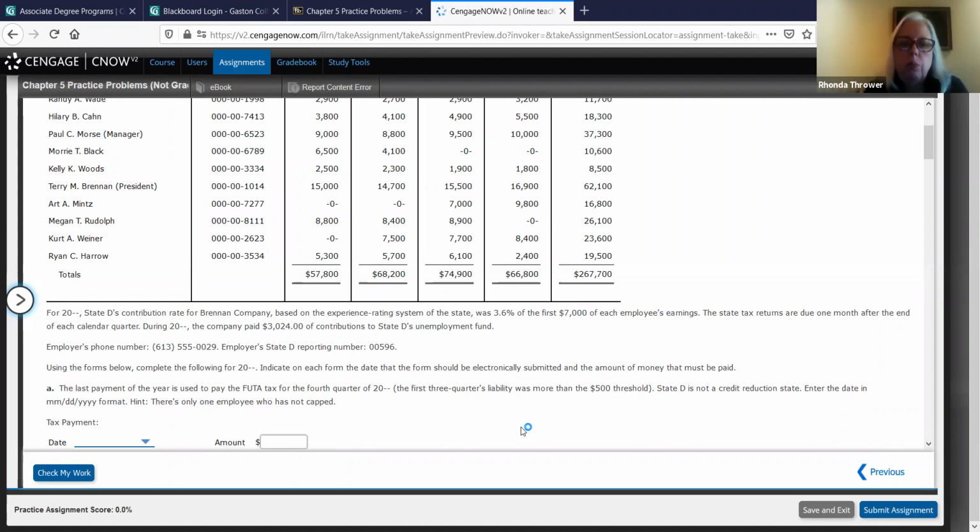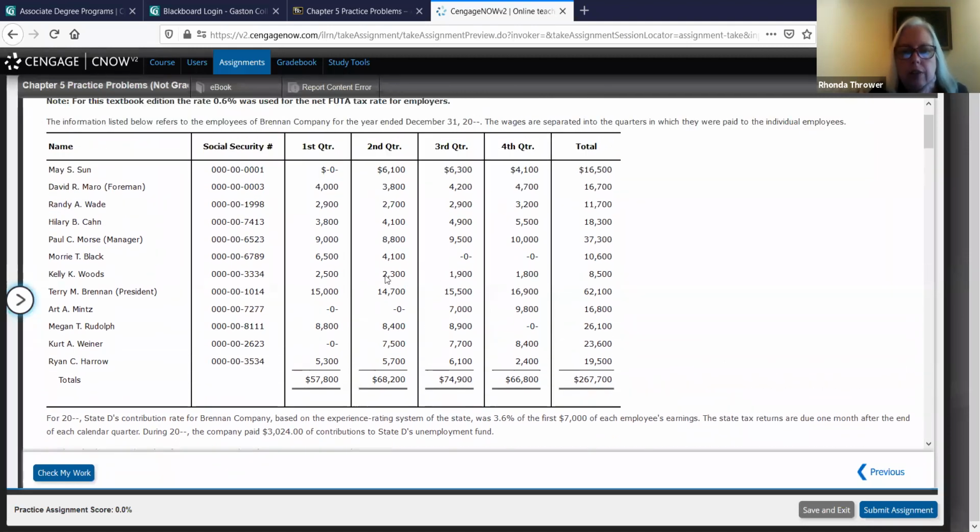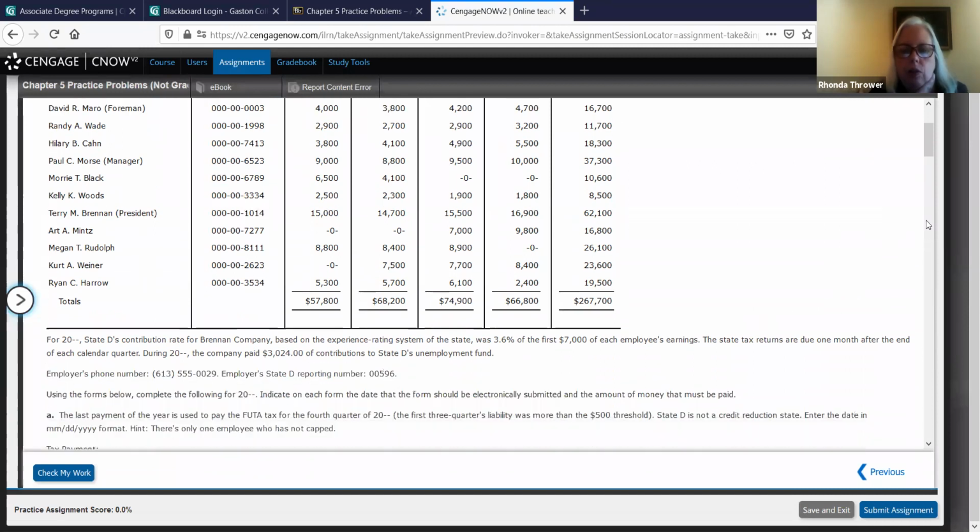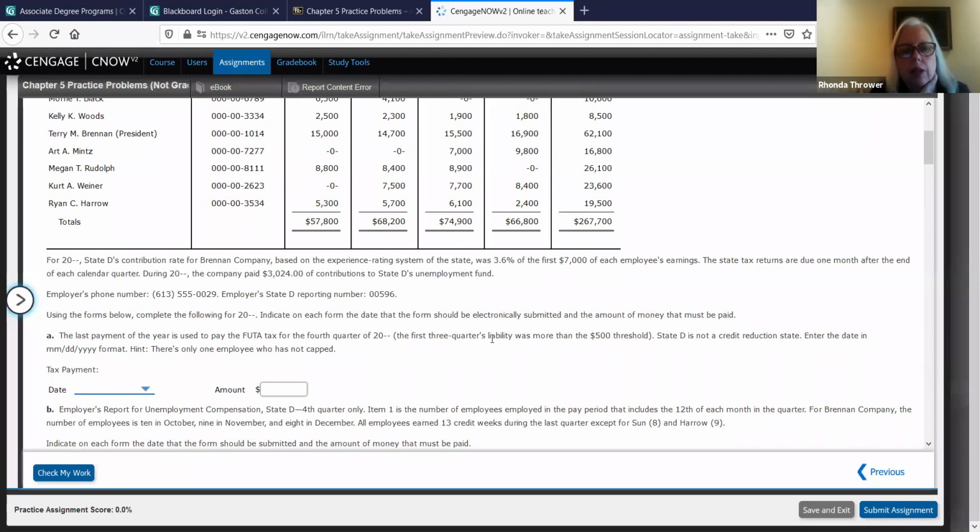And there's only one employee who has not capped. So what we mean by that is we need to look at these employees to see how many of them have made the first $7,000. That would be the ceiling for FUTA as well as for SUTA. But what we're talking about in A is when the payment has to be made for FUTA in the fourth quarter.